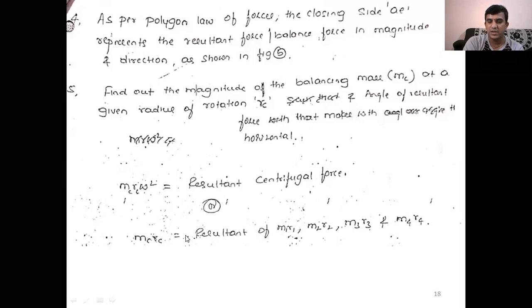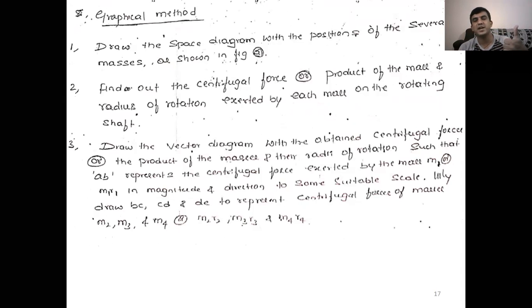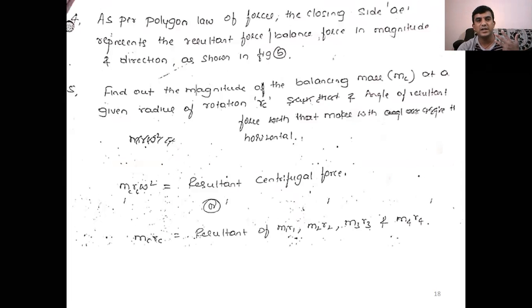This is the graphical method. In the graphical method, first you draw the space diagram, second you construct the table, then you draw the force polygon. If the resultant force polygon is an open loop, not a closed one, then join it to make a closed loop, and you get the magnitude MC RC. From this you can calculate.